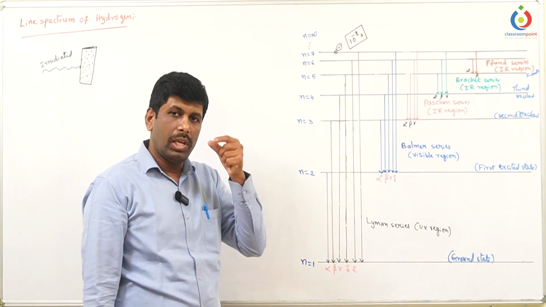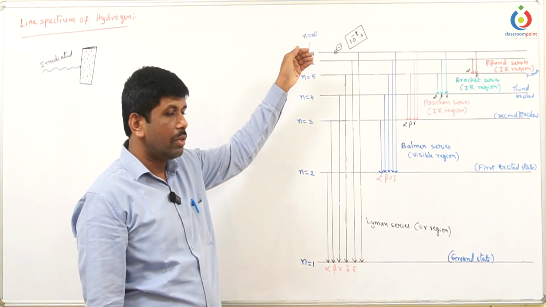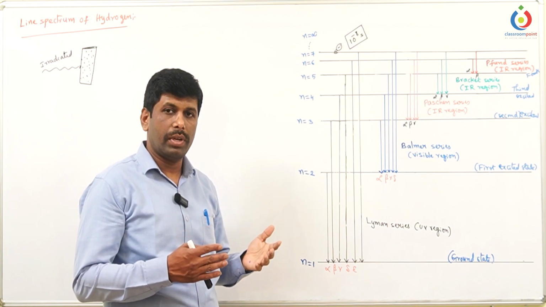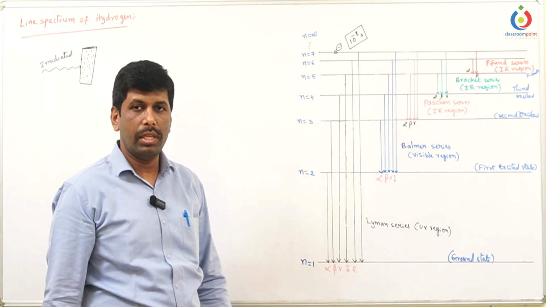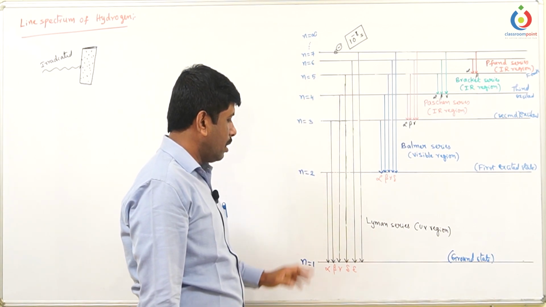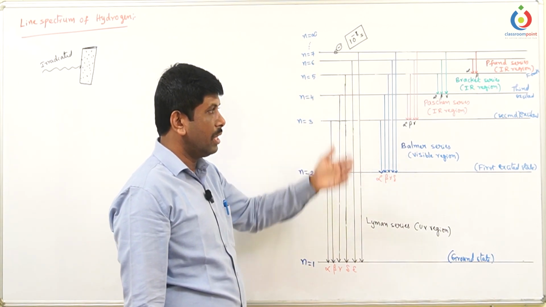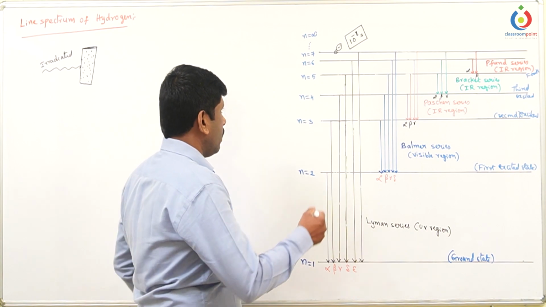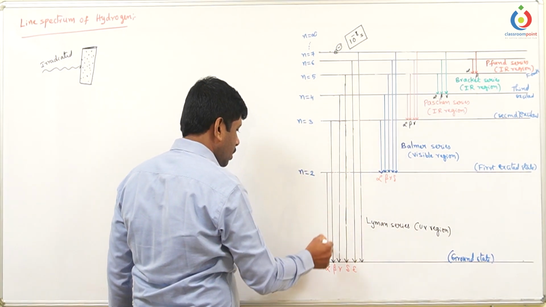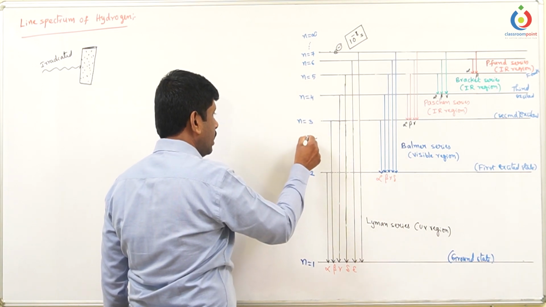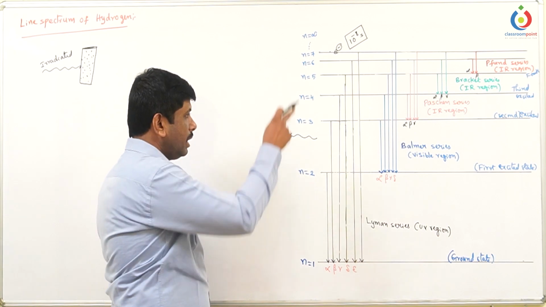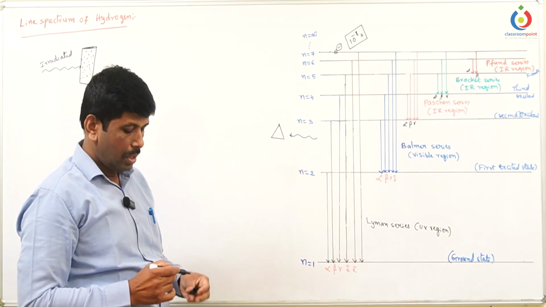If it releases only a small amount of energy, it goes to the next lower energy state, or if it releases all the energy, then it falls directly to the ground state. So the electron comes to the lower energy states by releasing energy. Whenever the electron comes from any higher energy state to the lower energy states, when the released energy passes through the prism, these spectral lines are observed.